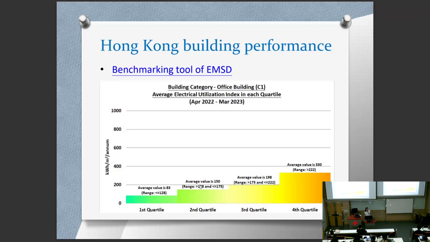Okay, so for the second quartile, between 128 to 175, and then this one, and then this one larger than 222. Okay, and the unit is kilowatt hour per square meter per year. So you can compare this with the UK value.